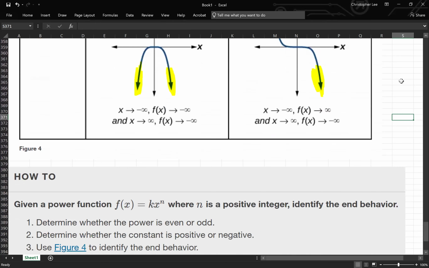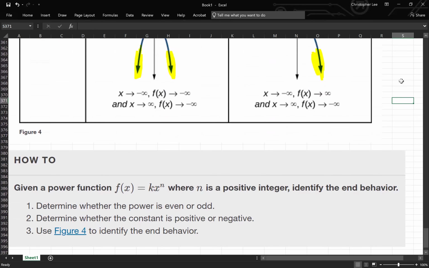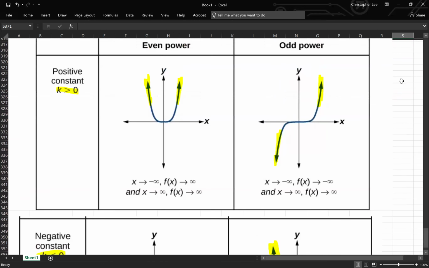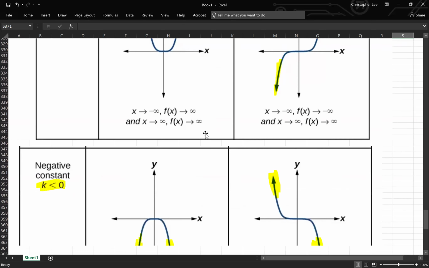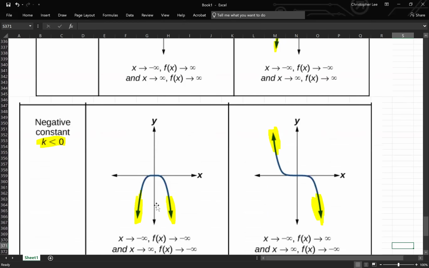So if k is positive, this is what the even function looks like and the odd function. But if k is negative, this is what the even function looks like, and this is what the odd function looks like.